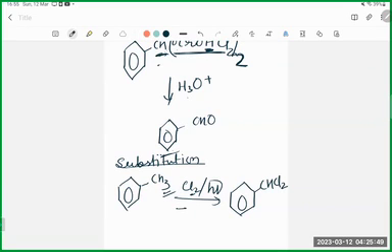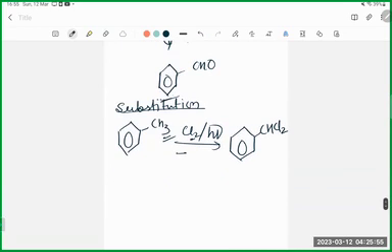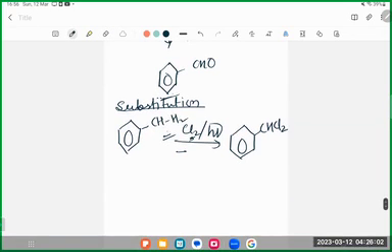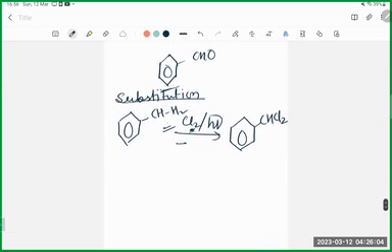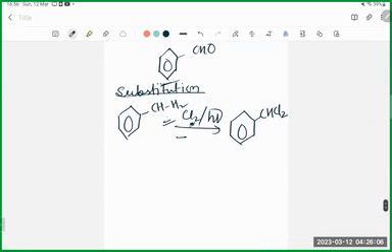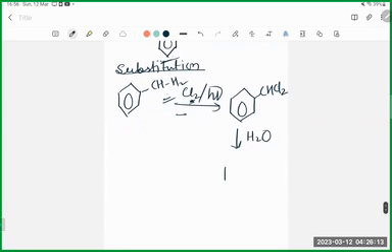Two hydrogen chlorides are going out, so the CH3 loses H2, and that place is taken by chlorine. This is called the substitution reaction. Now acid hydrolysis, again the same way. We do the hydrolysis with water, and we get the benzaldehyde. Is this clear? So by substitution also we are able to do it.